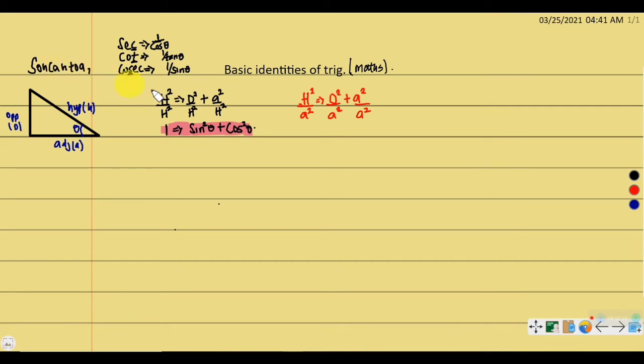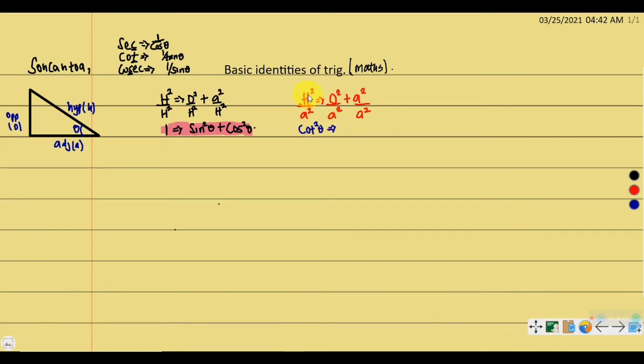So now, when you see h over a, watch here, a divided by h is cos. So you go for the inverse of cos, and the inverse of cos we call sec. Opposite over adjacent is tan.